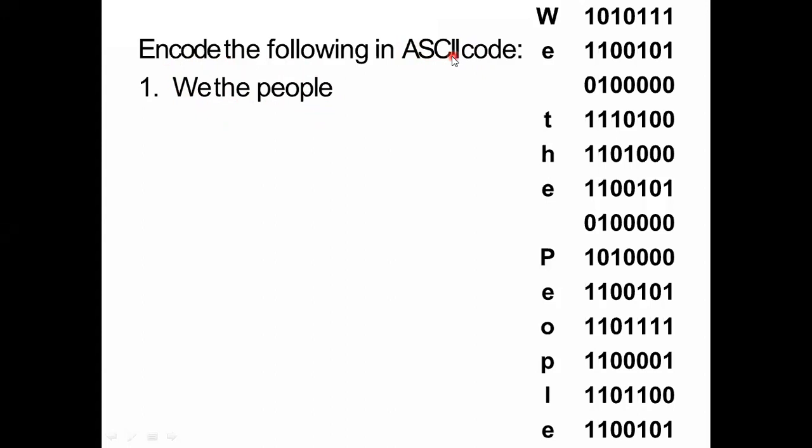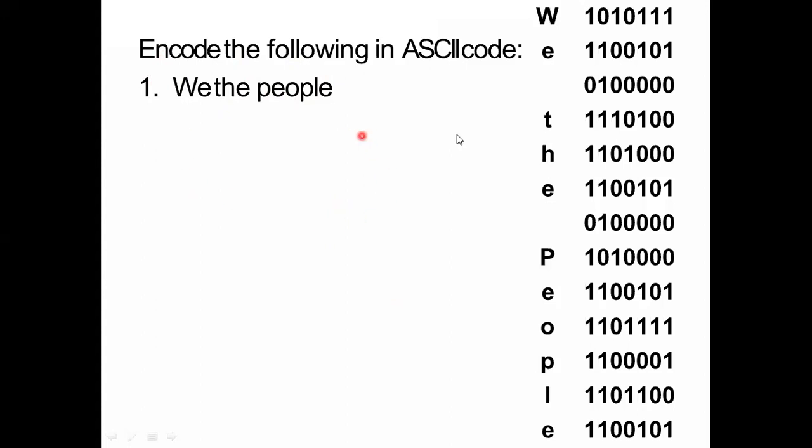We the people is understood by us only. The processor can't understand this sentence. The processor understands only the ASCII code, which is in the form of zeros and ones. Then the processor decodes it and gives it to the monitor, and we the people is displayed on the monitor.